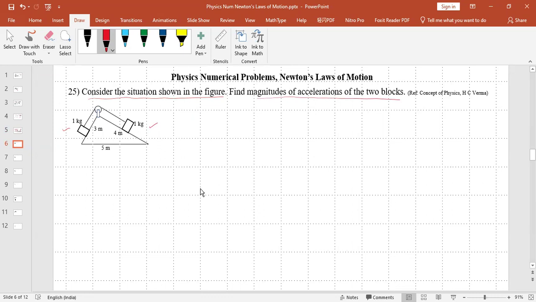Here, like all problems, you have to apply a little bit of your mind. On the left-hand side, the slope is high. So obviously, this block will go down and this block will go up.